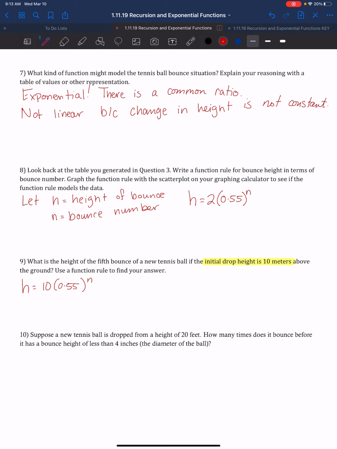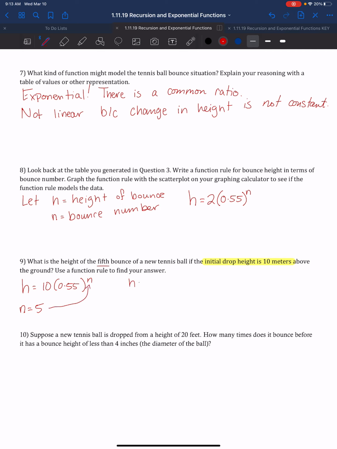And the reason I changed this is because in this problem we had 2 as our starting height, and this one we have 10 as our starting height. Now, we're looking for the 5th bounce. So in this problem, n, remember, is the bounce number. N is going to be 5. So I'm just going to take this 5 and plug it in right here.